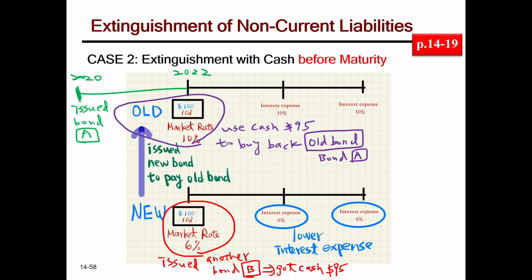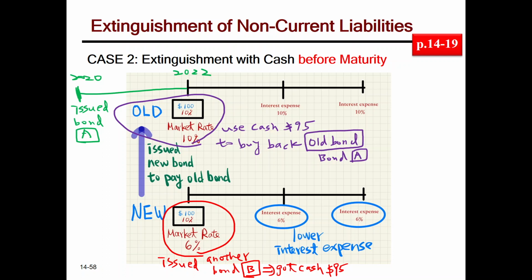But how about your old bond? When you issued the bond in 2020, the market interest rate was 10%. So what does it mean? Each period you had to pay interest of 10%. So how do you reduce your interest expense?